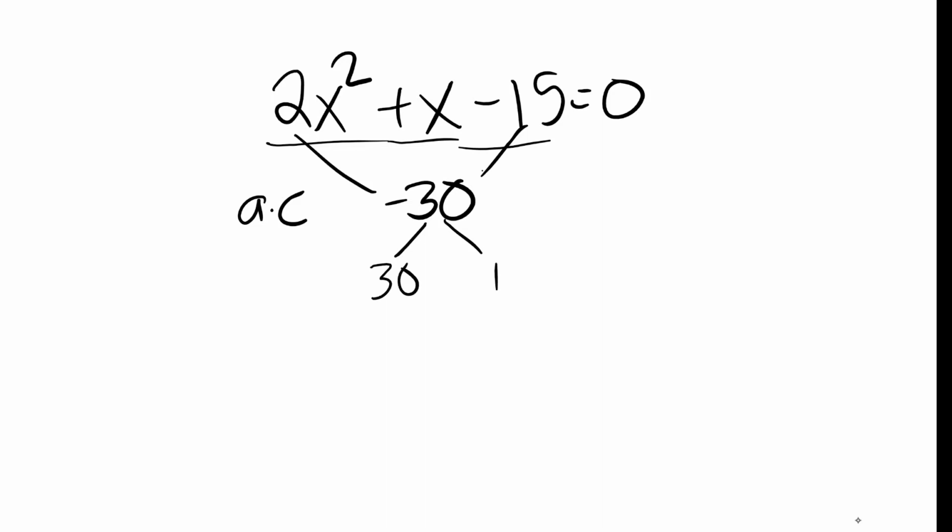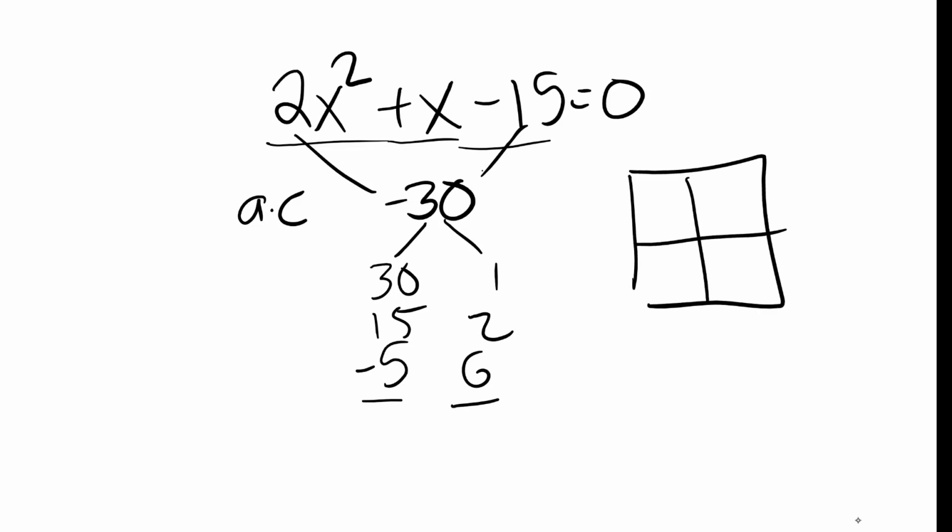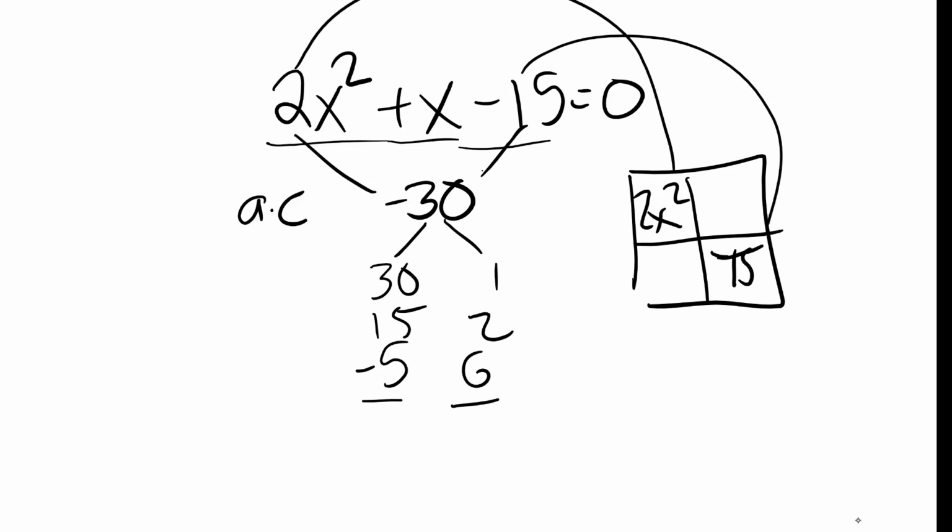Those don't add to 1. 15 and 2. No. 5 and 6. Oh, yeah. Because if I make the 5 negative, those add together to give me a positive 1. So now I can build my box. 2x squared, negative 15. I always take these straight from the equation.